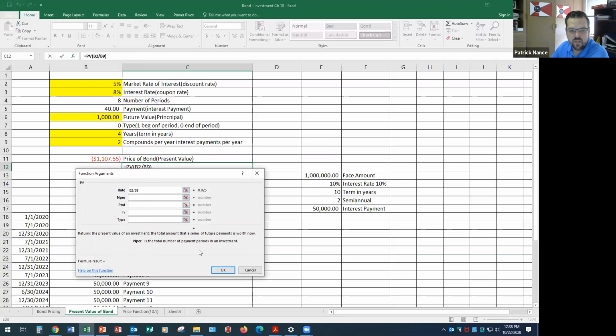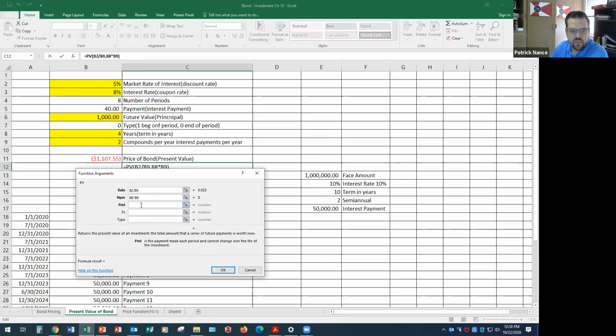Nper stands for the number of periods. So how many payments are there during the investment? Well, the answer to that is it's a 4-year bond with 2 payments per year. So I can multiply those 2 to get the number of payments. So 4 times 2, which is going to give me 8. And I'm building it like this because now I can change all these things and this will calculate it for me and I won't have to go back and recalculate these things all the time.